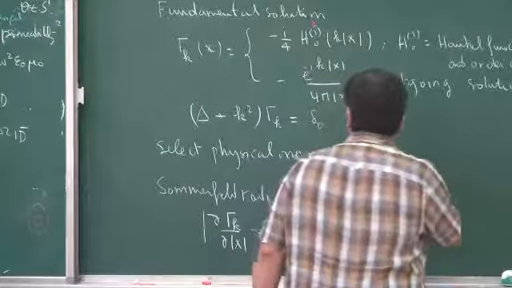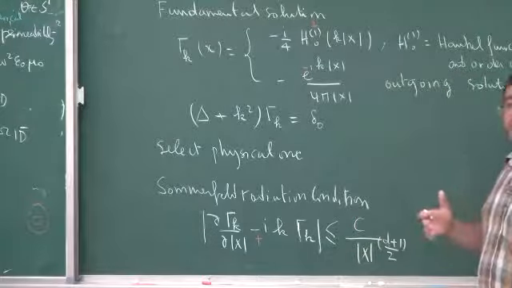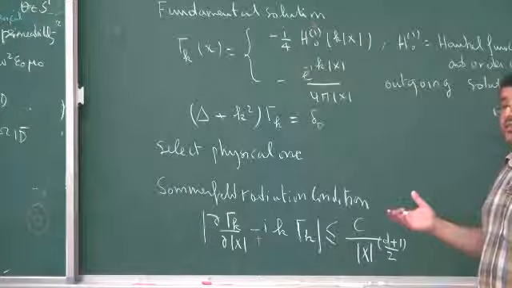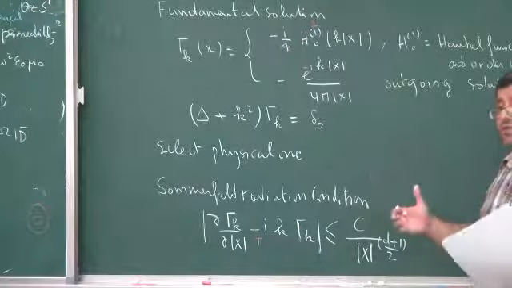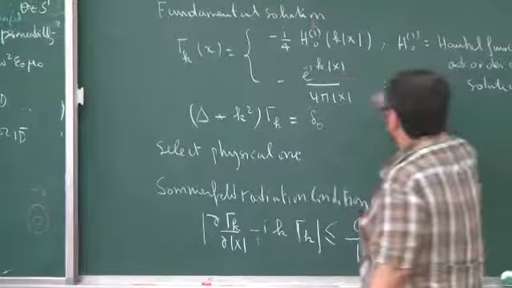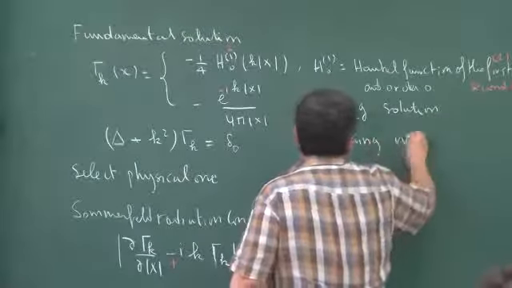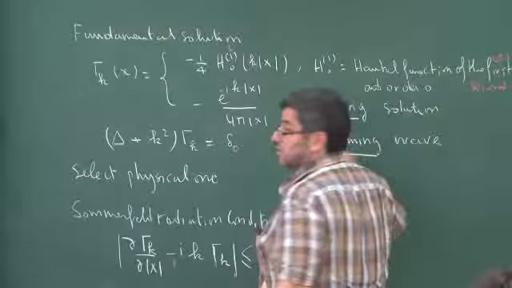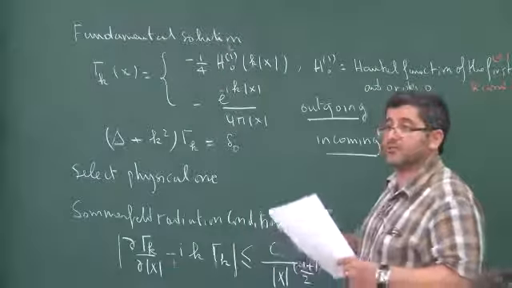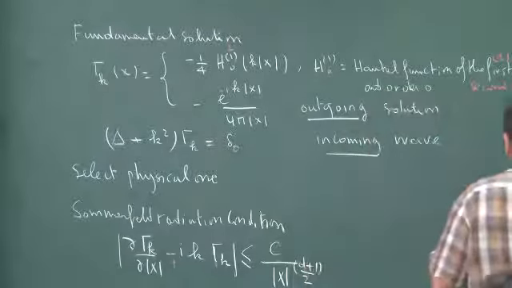Actually, the Helmholtz equation with the radiation condition has a unique solution. Without the radiation condition, it has at least two solutions: the outgoing wave and the incoming wave. The one in red is the incoming wave, which comes from infinity, and the outgoing wave goes to infinity.